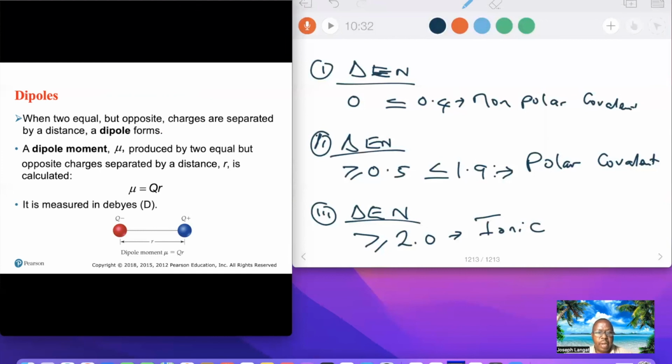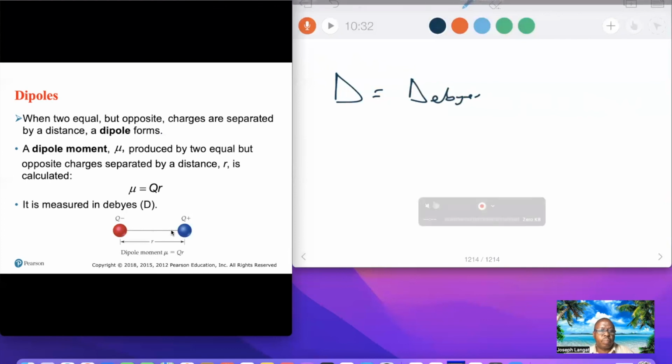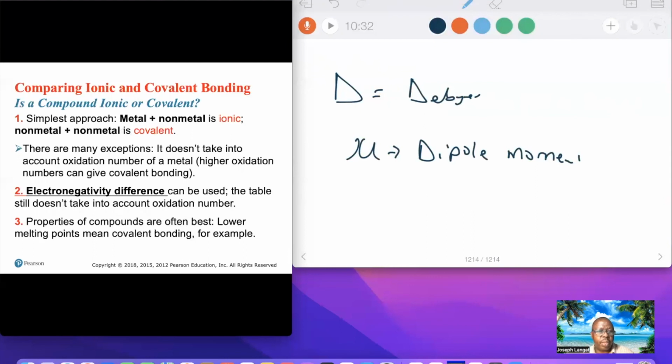It's measured in debye, designated D. This is the dipole moment. You see how we use it for separating the charge.